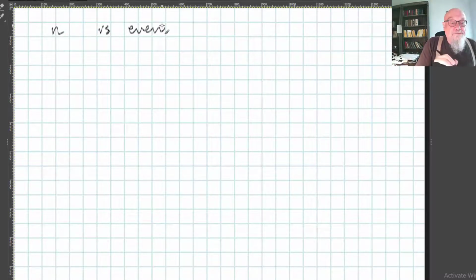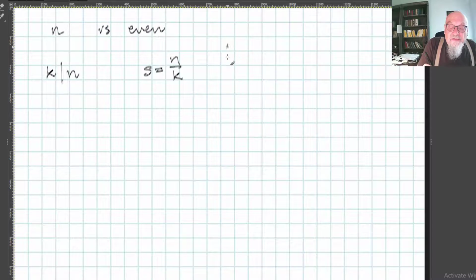In such a case, we have two types of the conjugacy classes. Namely, we can say like this: if k is divisor of n, and then you have here s, which is equal n divided by k. There are two cases. S is odd.